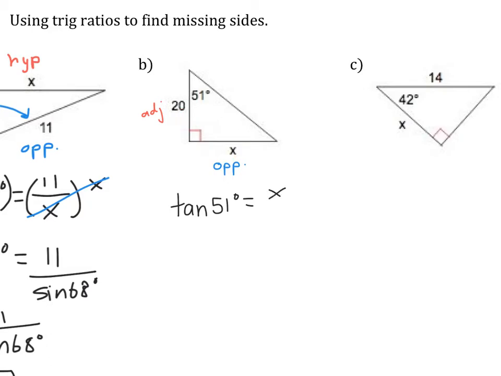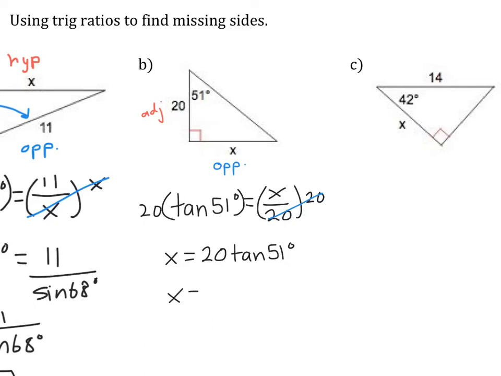So we just say x over 20. And since we are solving for x, we're going to multiply both sides by 20. So we get x equals 20 times the tangent of 51 degrees. And again, this is something we can plug into our calculator to get a decimal approximation. So x equals 24.7.